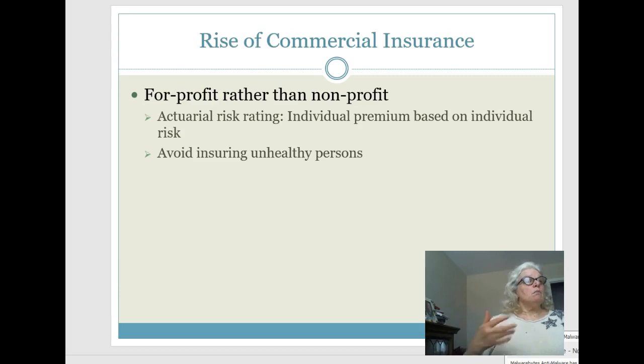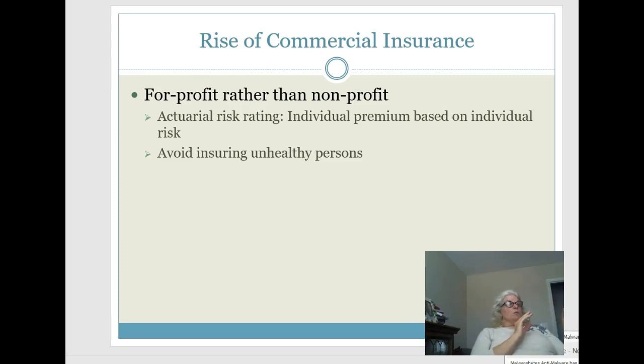Most hospitals in our country were for profit, not nonprofit. So there's a rise of commercial insurance being for profit, so Blue Cross Blue Shield and other forms of insurance you can think of, Aetna, Cigna, all of those are for profit, and so there are real issues as far as their investors getting paid back.